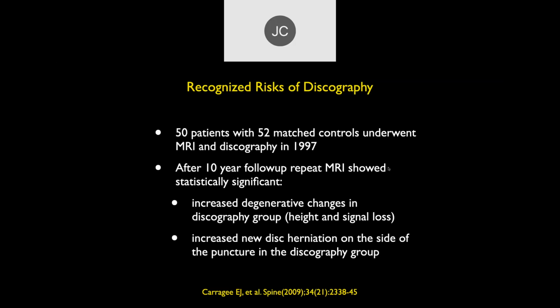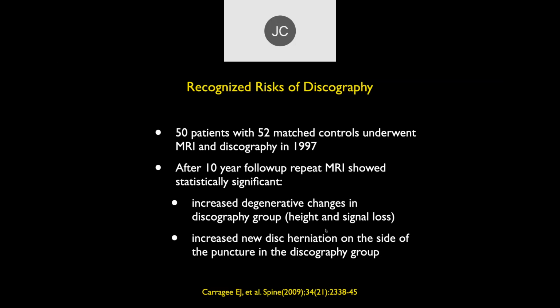After 10 years of follow-up, they repeated the MR scan in 2007 and looked for any changes in the degenerative disease of the discs, and whether there were any new disc herniations.